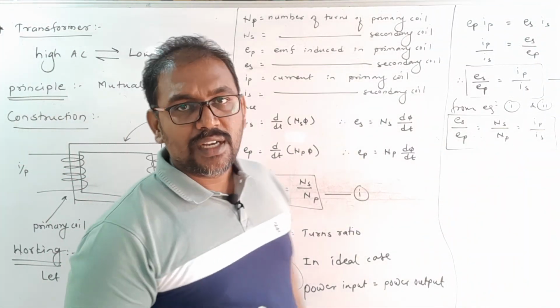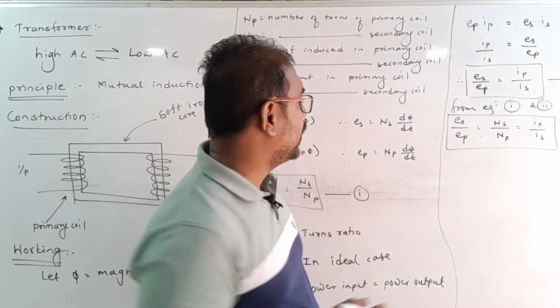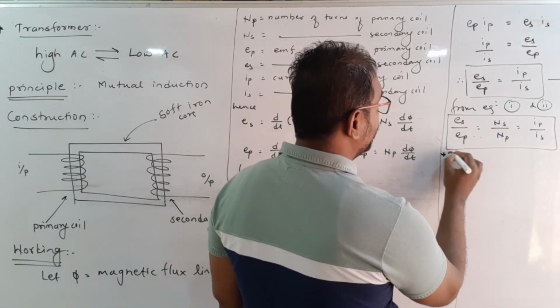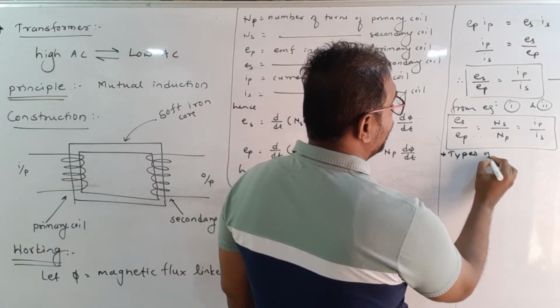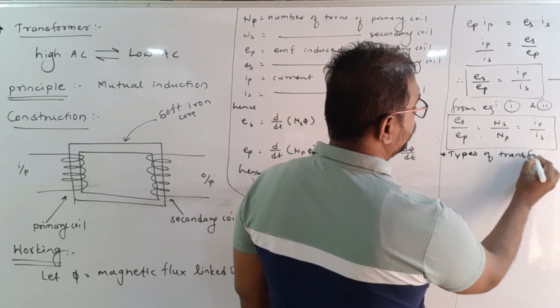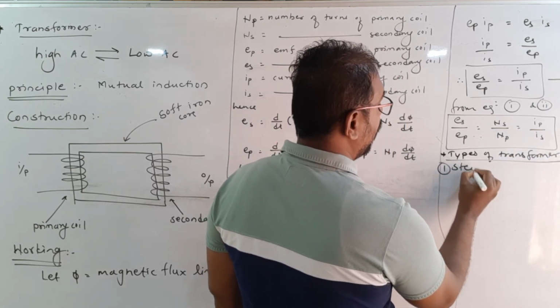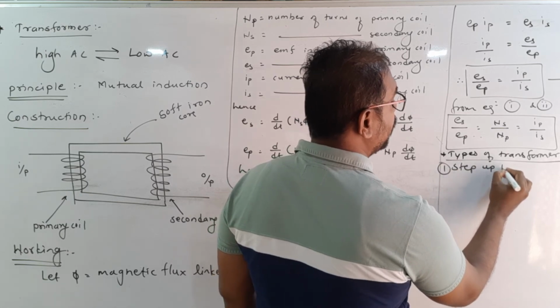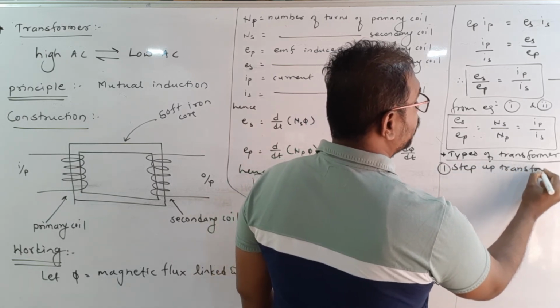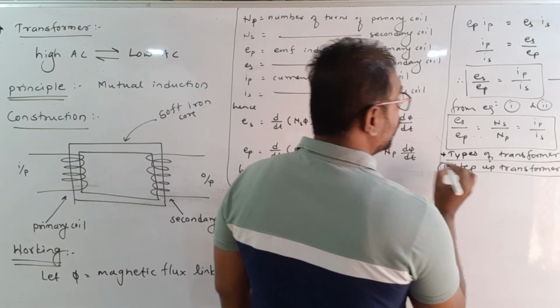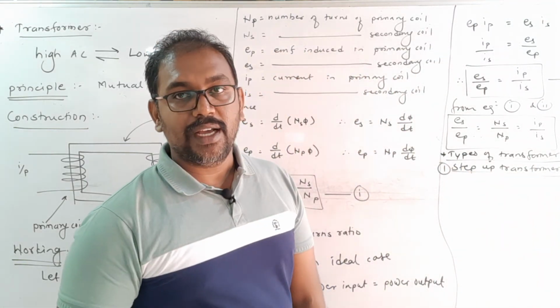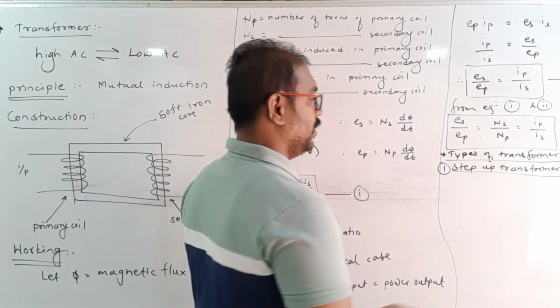Based on this, there are two types of transformer, and we have to discuss those types also. Types of transformer. The first one is the step up transformer. Step up means we are increasing the input.